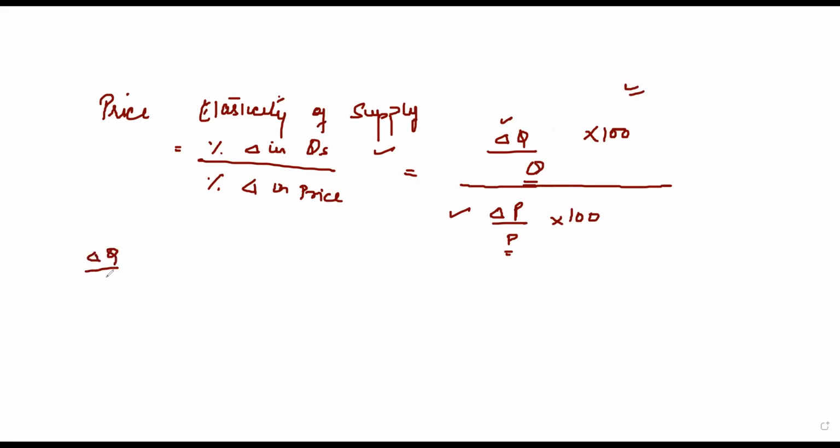This is basically delta Q upon Q into 100, divided by delta P upon P into 100, right? So this 100 goes.